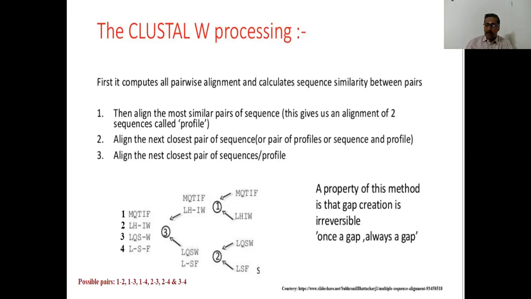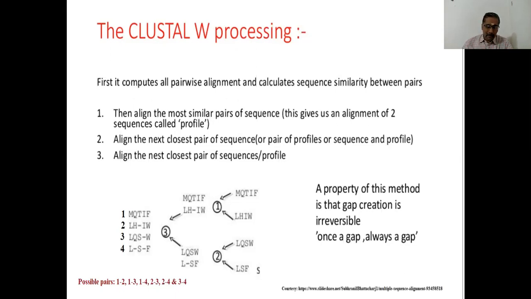Please remember, the number of gaps allotted is directly proportional to divergence. You are clustering the sequences by using similarity, not based upon divergence. So when you try to accommodate more gaps, that shows that that particular sequence and that particular species is highly diverging from the existing pairs, from the existing species.